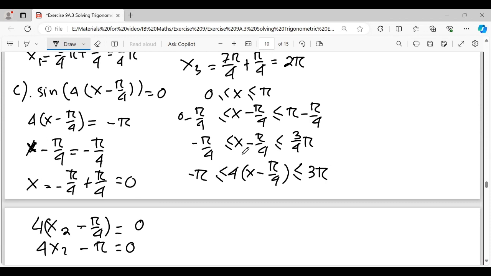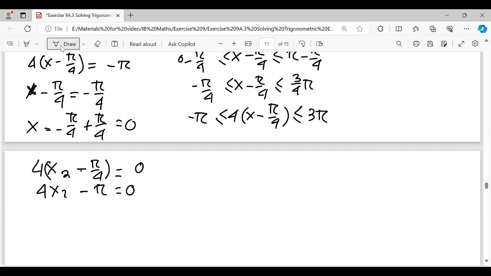I'm gonna move here because the space below I'm gonna use for the next question, 12D.